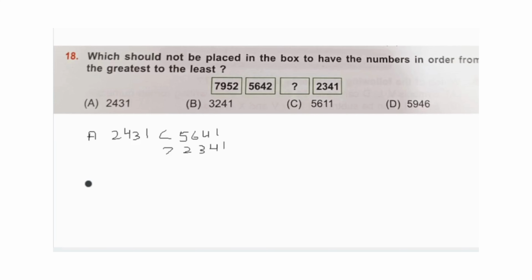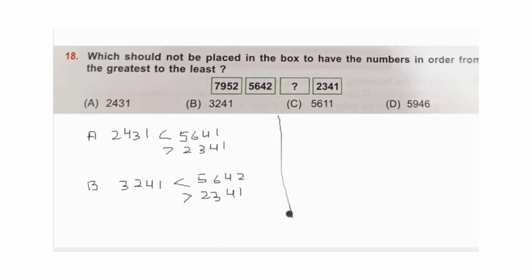Let's say option B is 3241. Option B, 2341 is less than 5642 and greater than 2341.